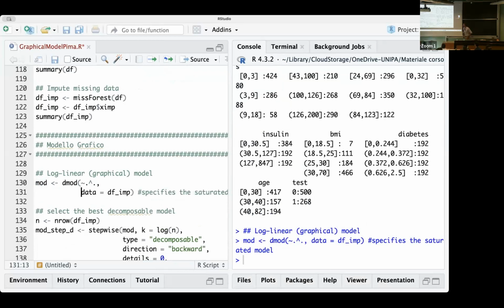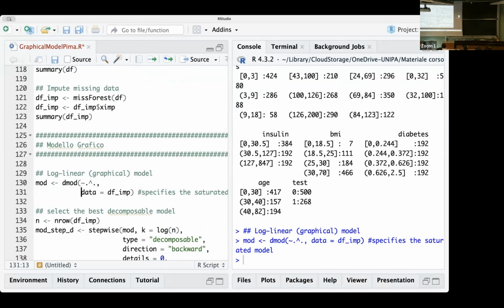So the function is dmod. The d is for discrete log linear graphical models. You have also cmod, which is for continuous. I think there is also mmod, which is for mixed. And then you find this one.